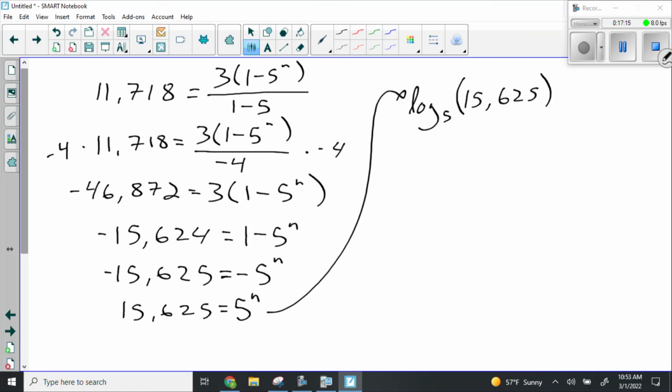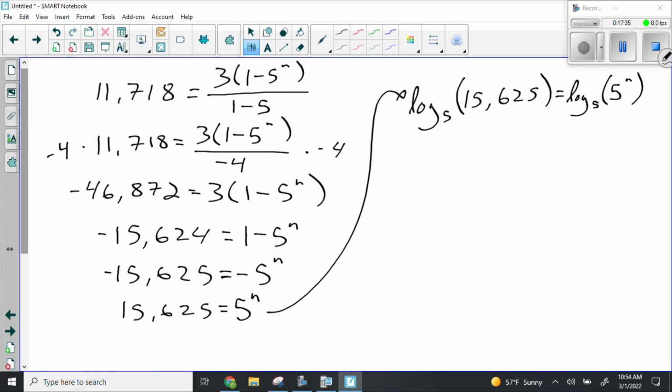And I'm having a good feeling that this is going to work out really nicely, being that this ends in a digit. It ends in 25. It ends in 625. These are all powers of 5, so it's making me feel nice.